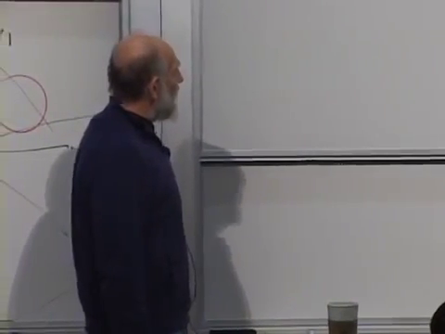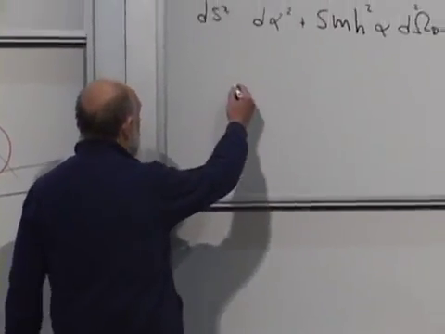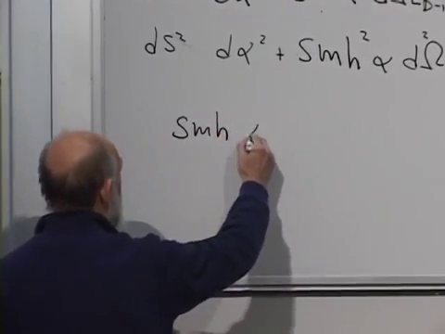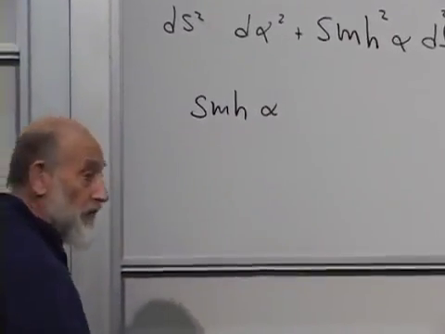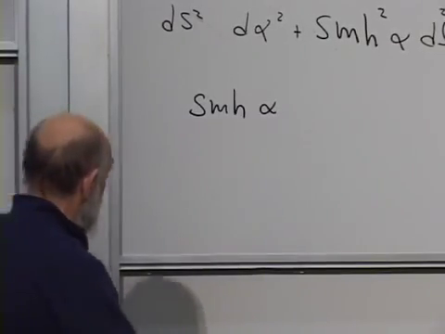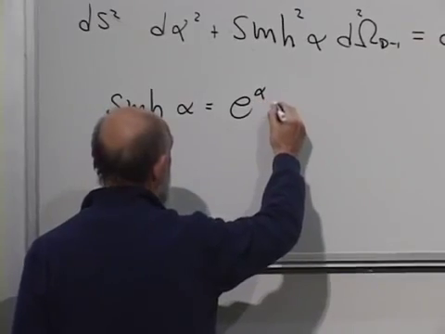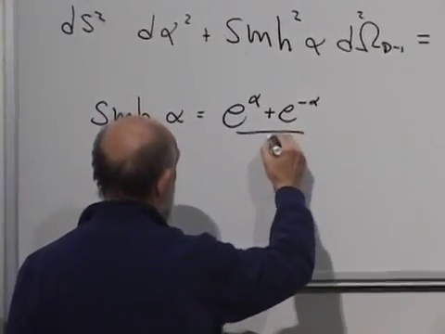I'm going to write down what the meaning of hyperbolic sine is for those who don't know. It's a very simple function. The hyperbolic sine of a variable alpha, which is not an angle anymore, is by definition e to the alpha minus e to the minus alpha divided by 2.